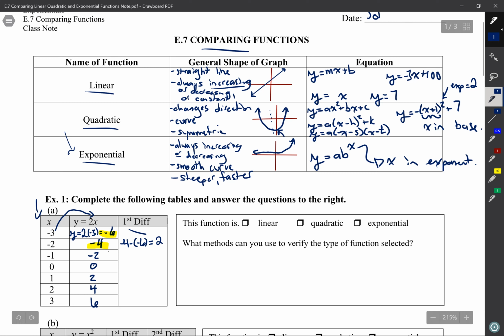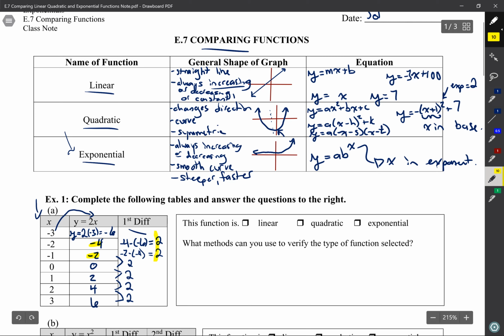And then I'm performing the same kind of calculation for the next ones, -2 minus -4. Equals 2 again. I find 2 minus 0 equals 2, 4 minus 2 equals 2, and 6 minus 4 equals 2. Perfect.